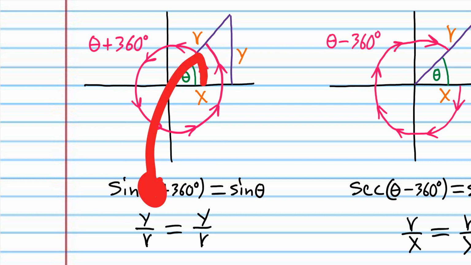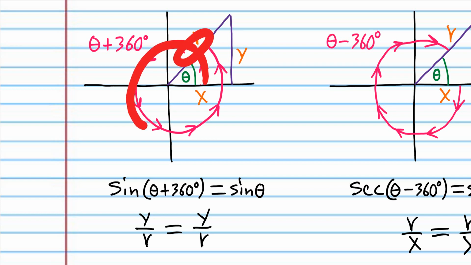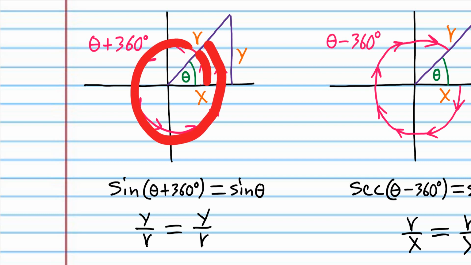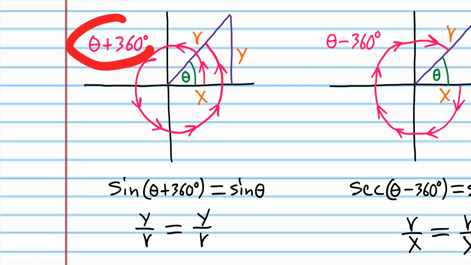And then we're going to rotate 360 degrees from here all the way until we get to where we left off. So again, first we're going to rotate theta. Then we're going to start at that point and rotate 360 degrees all the way till we get right where we started there. So that is 360 plus theta.